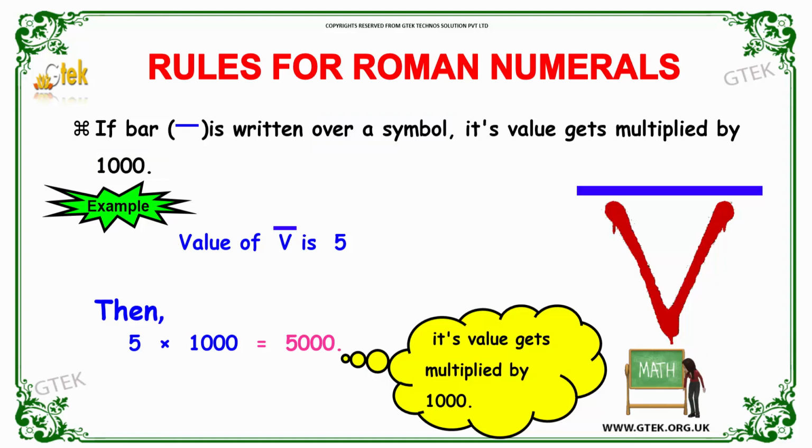Here we say V has the value 5, and when I place a bar over it, then the value of this Roman numeral will be multiplied by 1000. So V bar has the value 5000, which is 5 into 1000. The bar represents 1000.